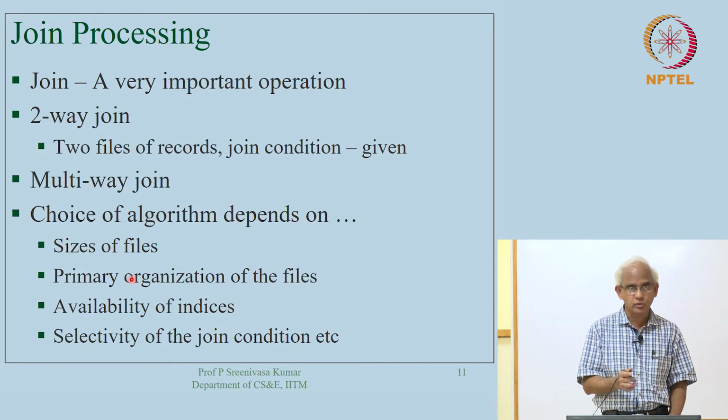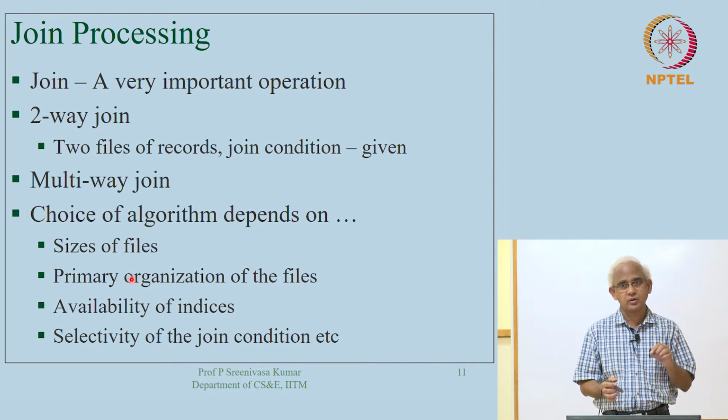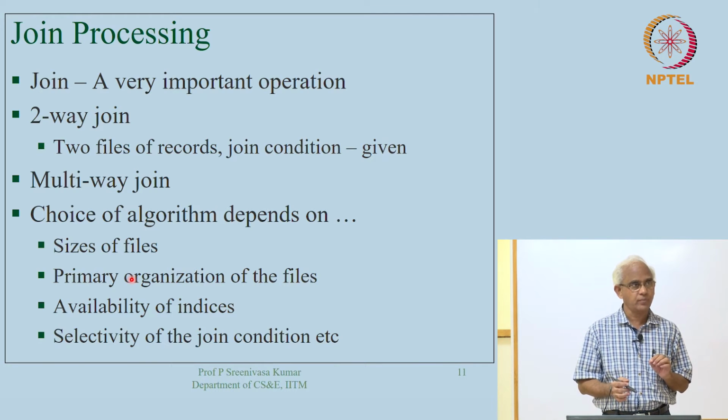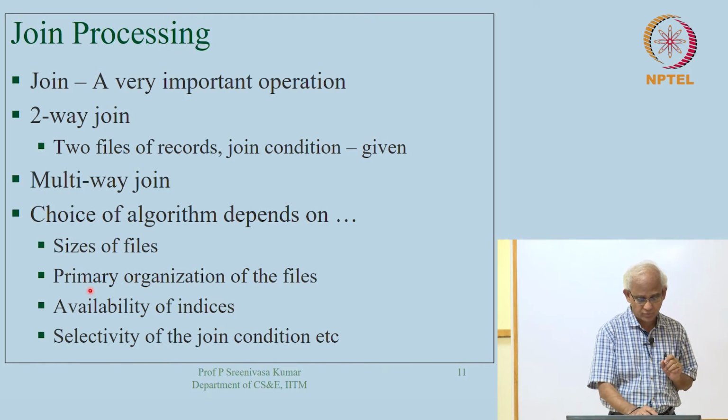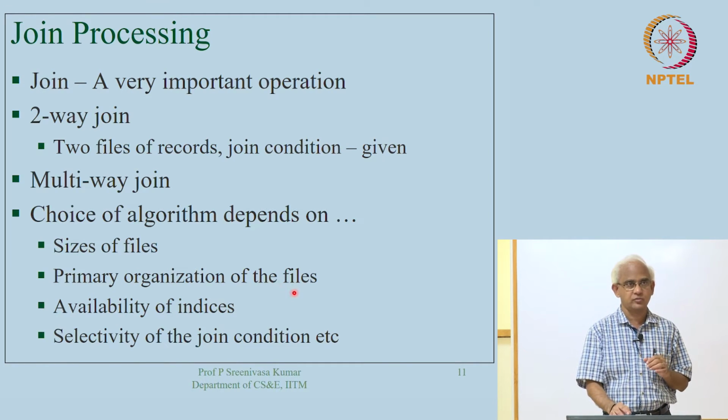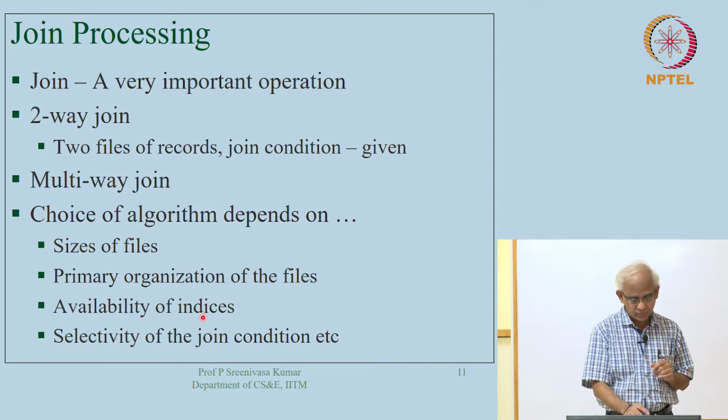So we will discuss a few algorithms for doing join processing, and for a particular join you have to choose one of these algorithms and then apply it. The choice of the algorithm depends on the sizes of the files involved in the join, what the primary organization of those files is, and what indices are available on the join attributes. The indices have to be on the join attributes.